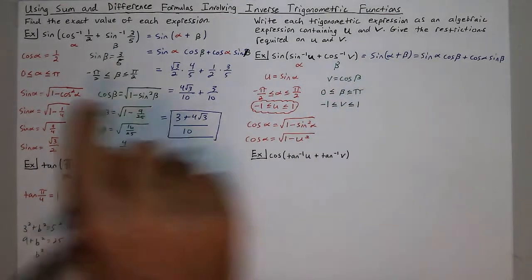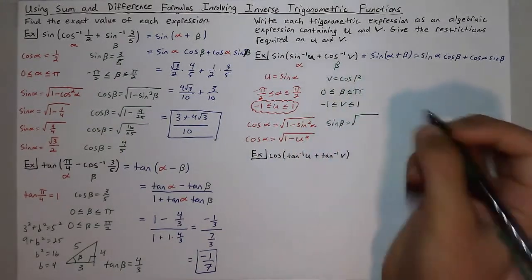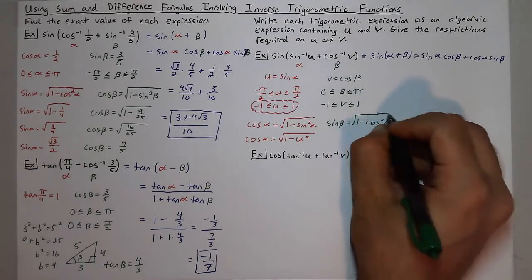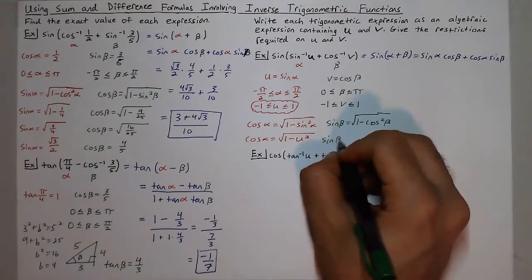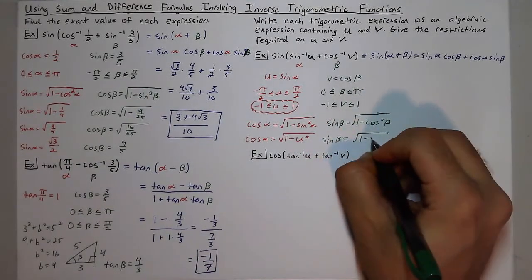And I know that sine of beta, using that formula I wrote down on the right, is equal to the square root of 1 minus cosine squared of beta. From the Pythagorean identity, I can say that sine of beta is equal to the square root of 1 minus v squared.